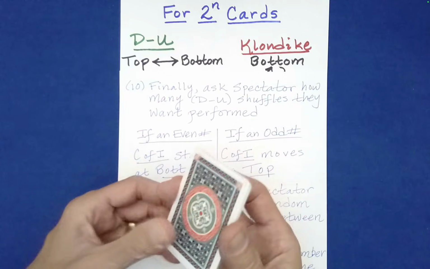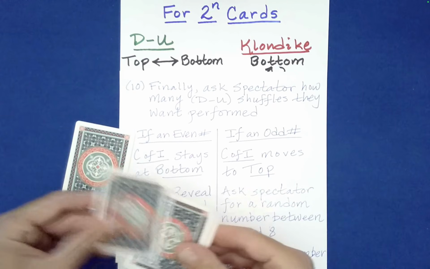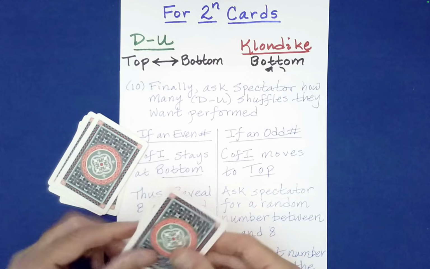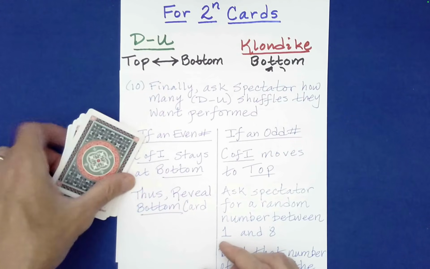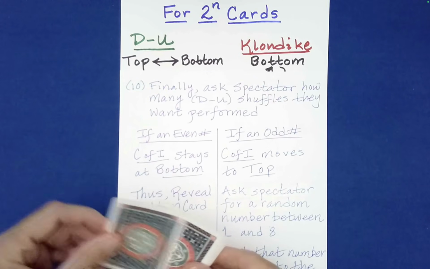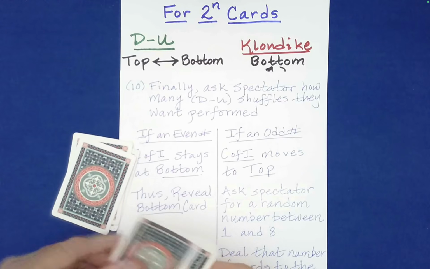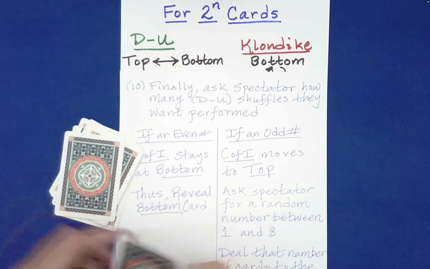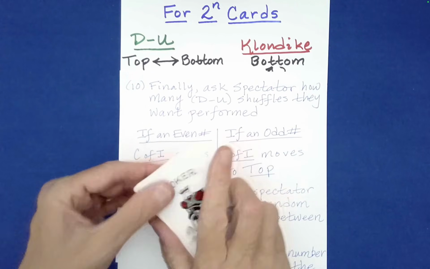Okay, so if you ask for an even number of down unders, the joker will stay right where it is, because for the first down under, it will move to the top, and then if you were to do a second down under, it now moves to the bottom again, so it'll be back on the bottom. Okay, which is, if you want that written prediction that I just showed you, you want it at the bottom.